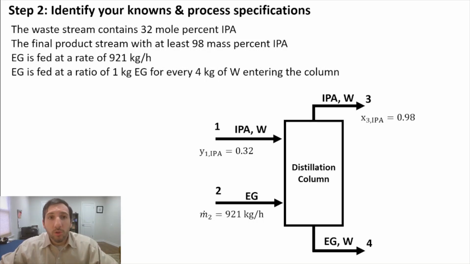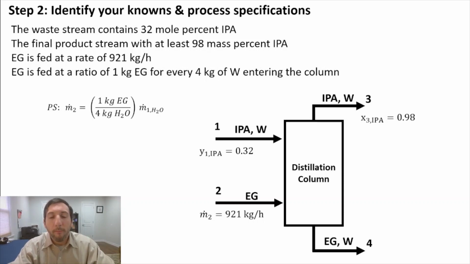And so therefore, m2 dot ethylene glycol is going to equal 1 kilogram ethylene glycol for every 4 kilograms of water being fed in. The way we'll write that mathematically is m2 dot, the mass flow rate of ethylene glycol coming in, is equal to 1 kilogram ethylene glycol per 4 kilograms of water multiplied by the mass flow rate of water.